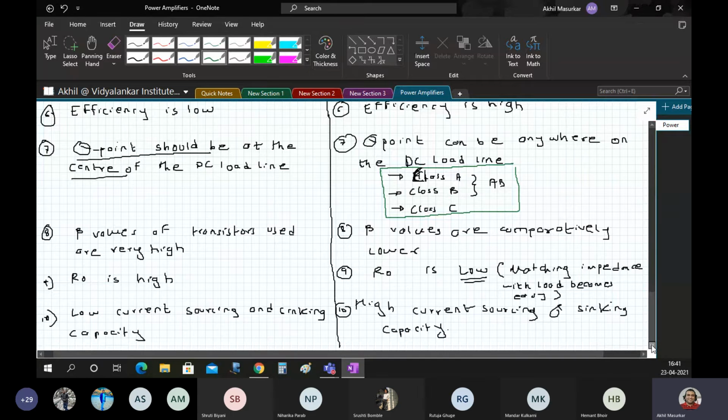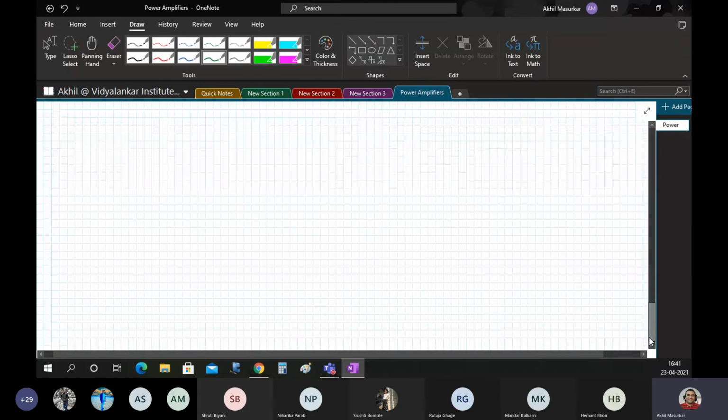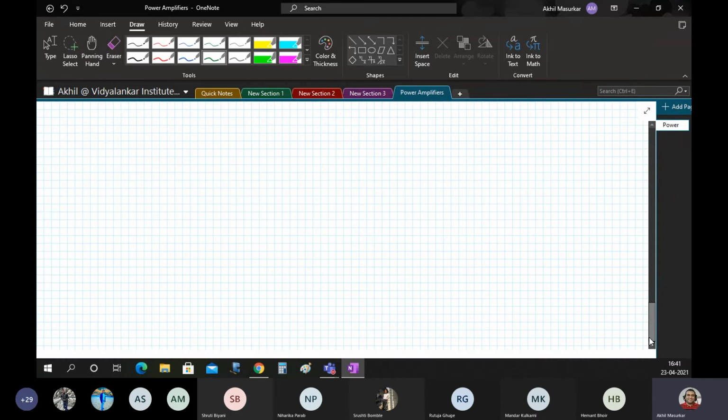Let us go ahead. Now, the different types of amplifiers: class A.